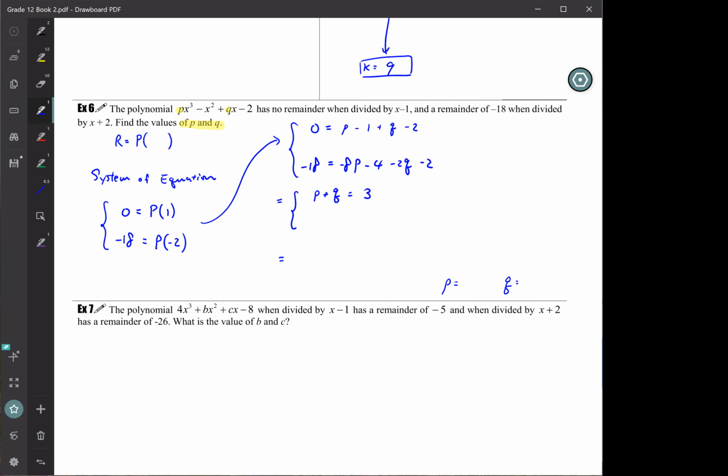Got it, Tiana? Negative 12 equals negative 8p minus 2q. Okay, negative 8p minus 2q equals negative 12. So after this, you can solve the system of equations. You have two ways: you either do it by elimination or substitution. Does anyone have a question about how to do that?